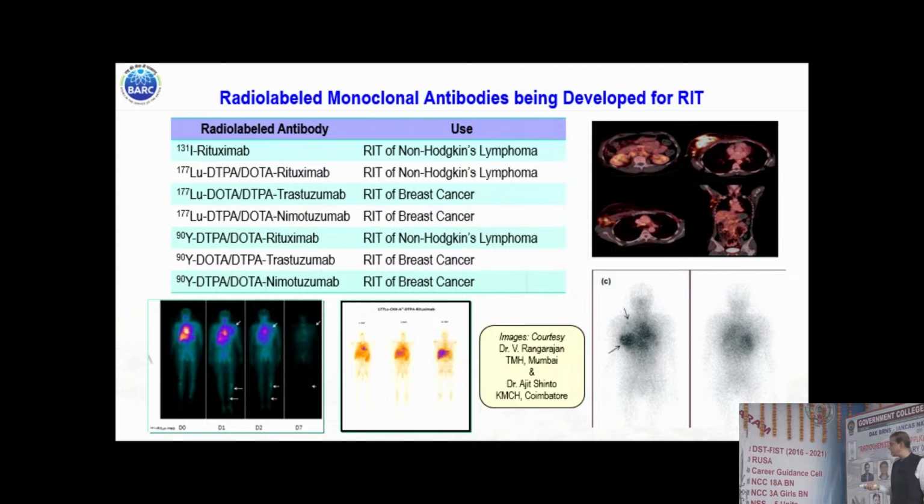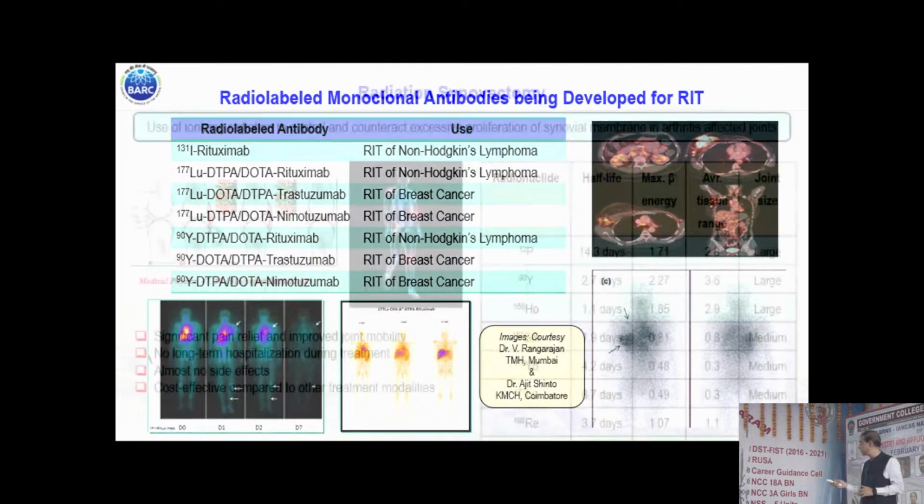You can see some of the clinical trial images, as we are doing the studies in patients in collaboration with different hospitals, such as Tata Memorial Hospital and Kovai Medical College and Hospital. These are approved to some extent in India, but not regularly supplied at this moment; we do a very limited supply with the physicians who are interested in treating the patients.